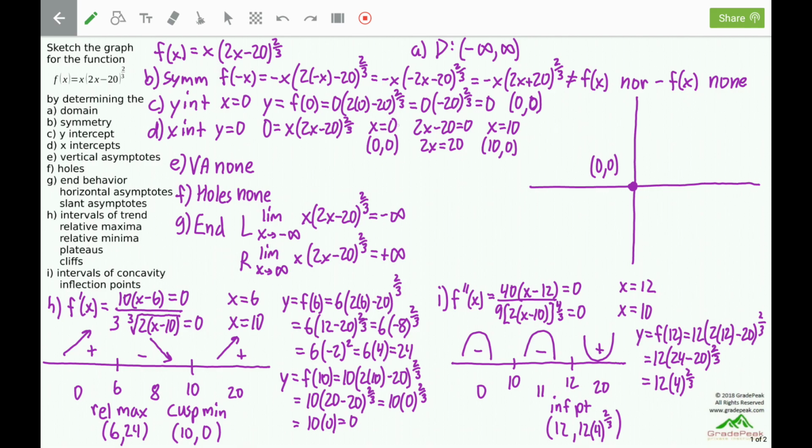We have an x-intercept also at the origin. No surprise there, it's crossing both axes at the origin. And we have one at 10, 0, which will be over here. And we can label that.